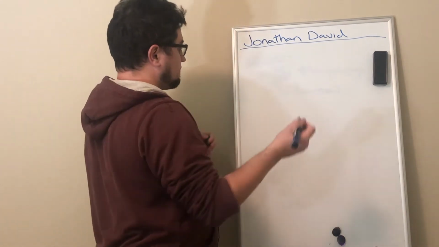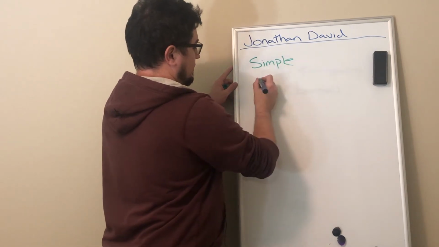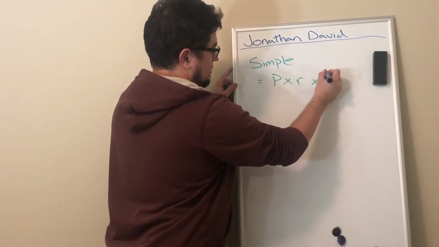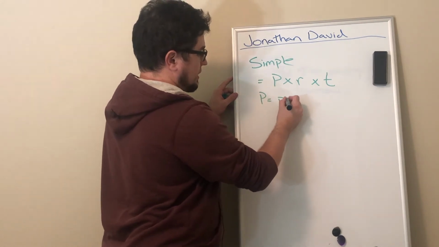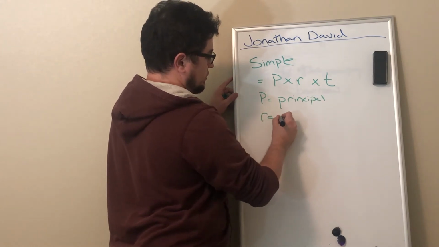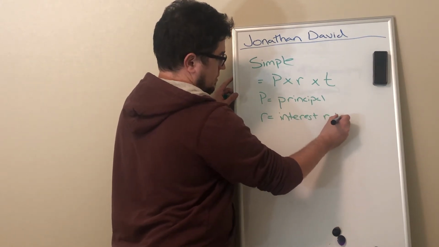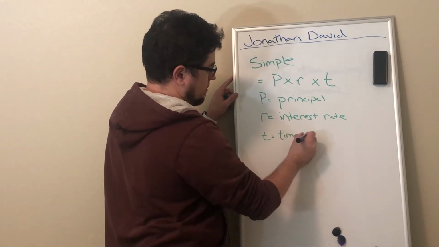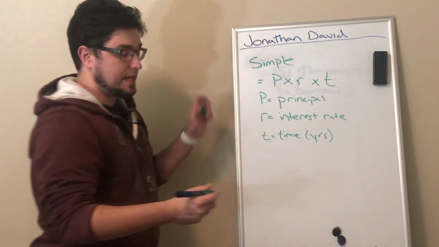So if we look at simple, this is defined as P times R times T, where P is equal to your principal that you took out, R is equal to your interest rate, and T is equal to time, usually in years, that you are taking this out.